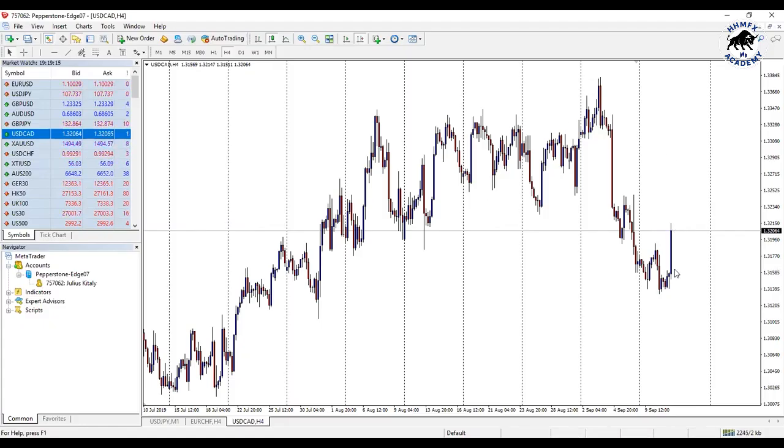Anything above the market, when we say above the market, we mean anything above the current price of the market. Anything above the current price of the market is where you can find your resistance.